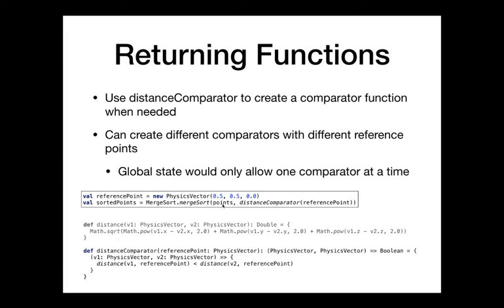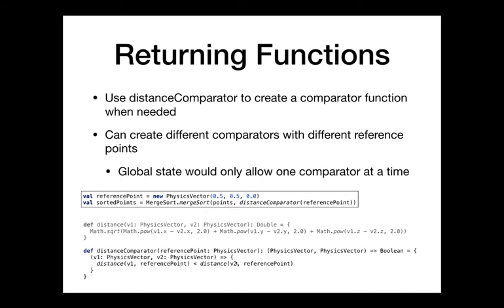We get that function, but we create it at runtime and then sort our points based on that comparator that we just created. So now, instead of where we would normally have a comparator that relies on some state, the state being the reference point, we can get rid of that state and have a pure function that we're creating, and we're creating that from a pure method. When this method is given a reference point, it's always going to return the same function, and when that function is created, given 2 physics vectors, it's always going to return the same output, that same Boolean value.